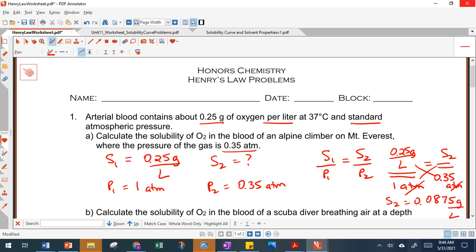If you were to think about sig figs, since you have just one atmosphere, you could say that S2 is 0.09 grams per liter.